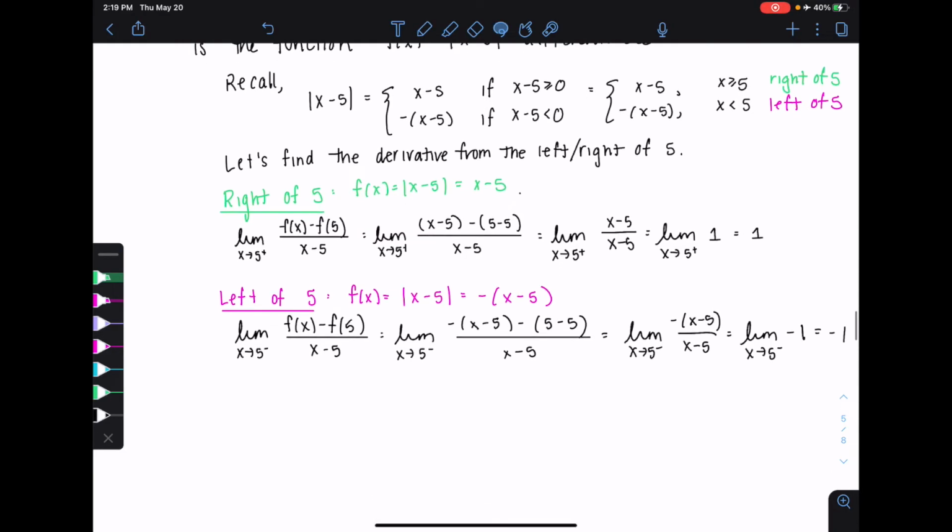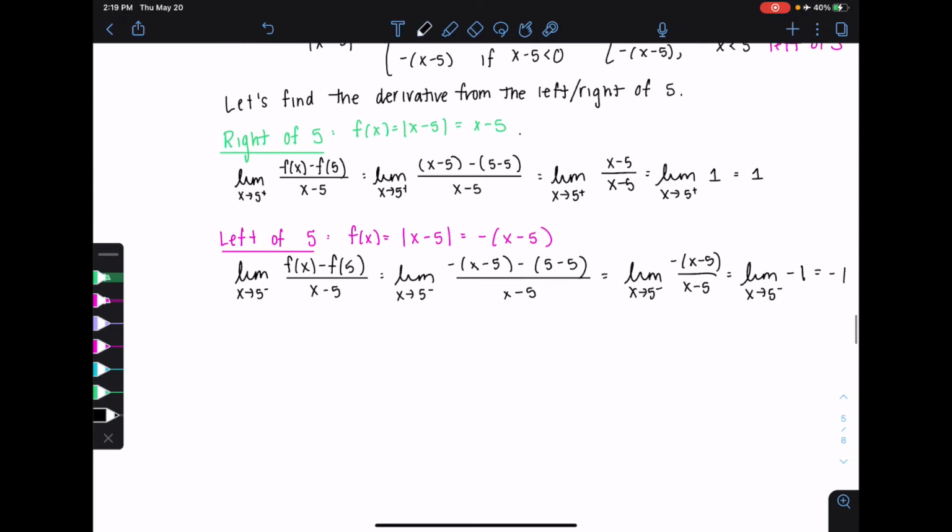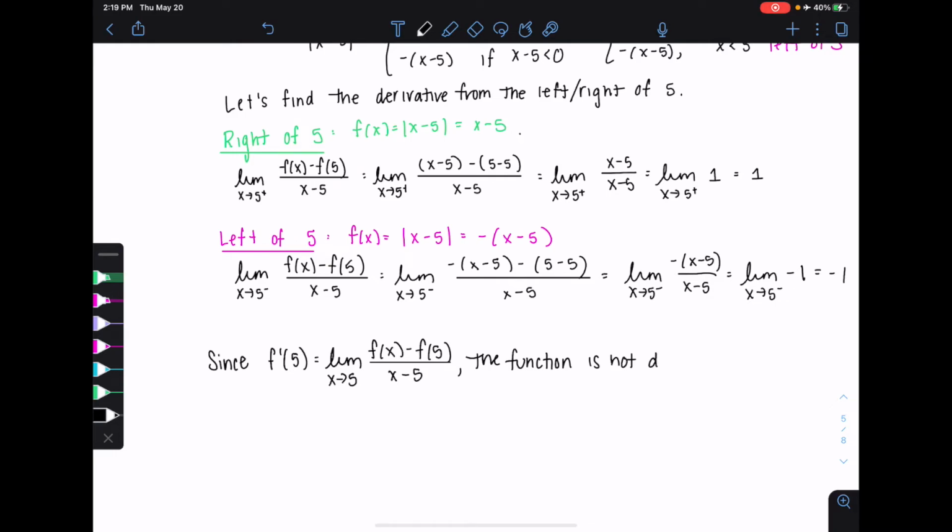Okay. So ultimately, since the derivative of the function at 5 is this double-sided limit, the function can't be differentiable at 5, because the left and right hand limits are not the same.